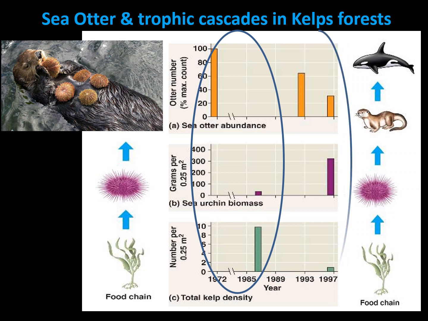Under that situation, this is what you are looking at: declining sea otter numbers, declining sea otter abundance, corresponding increment in sea urchins, and corresponding decline in kelp forests, kelp vegetation. It's the same thing I'm showing in different graphics, just so that you can compare and contrast between different data sets.